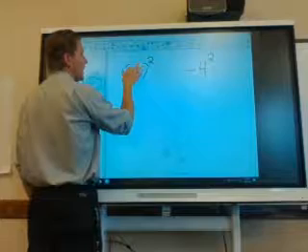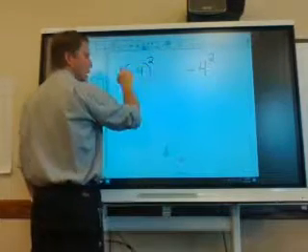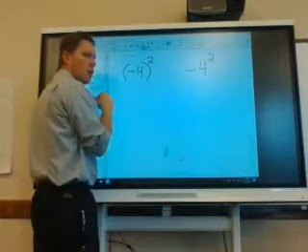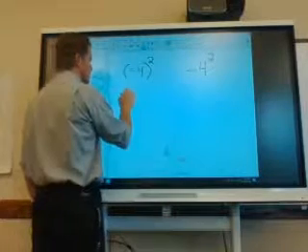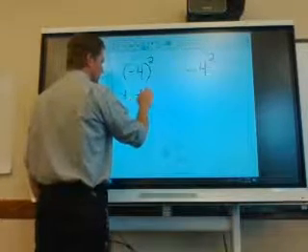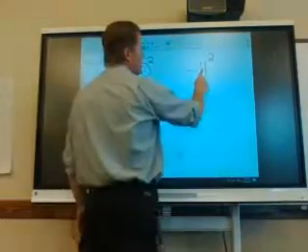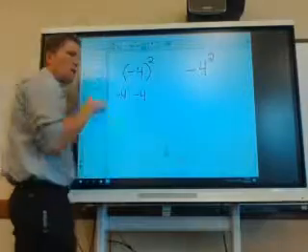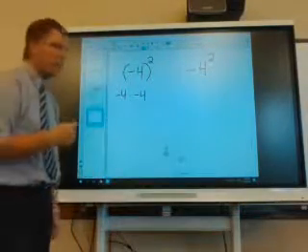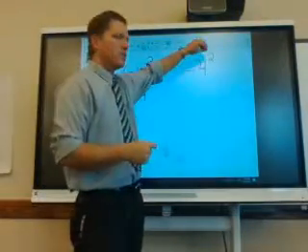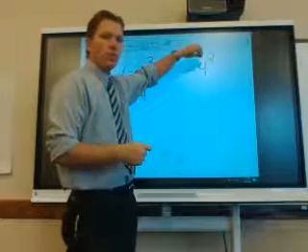Here, I'm multiplying everything, the whole base, everything in the parentheses, by itself twice. So this is -4 times -4. Okay? Here, the negative is not in the exponent, so it is only being applied to the 4.